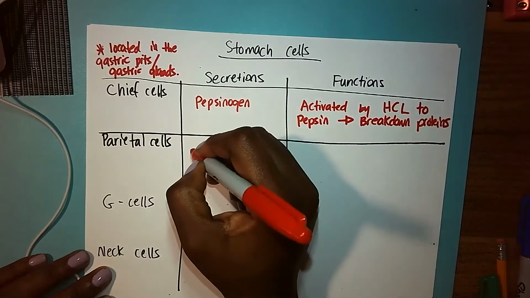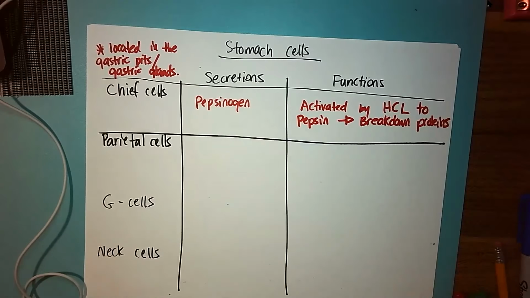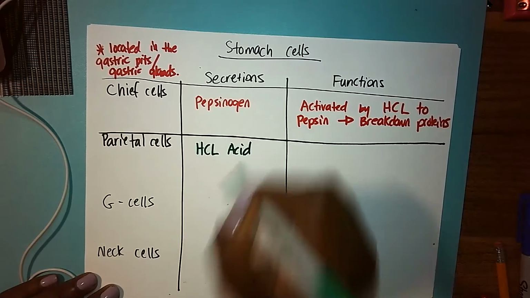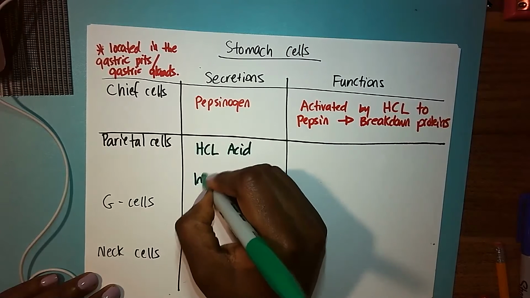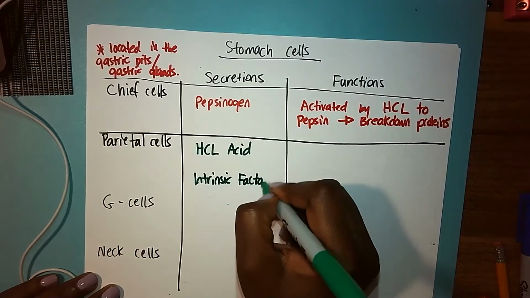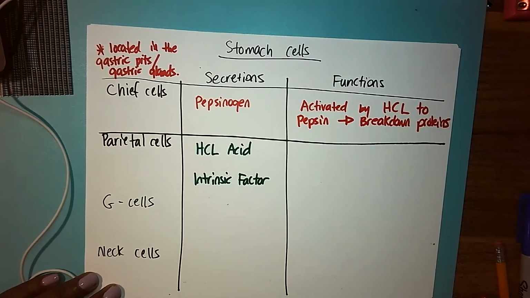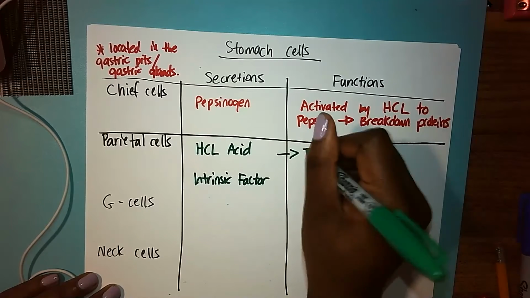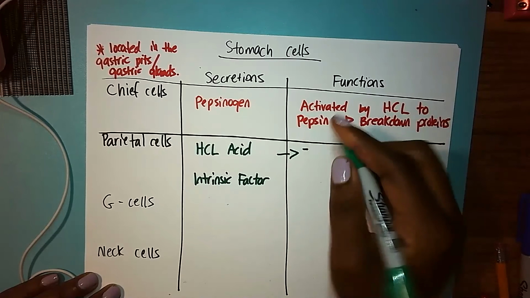Parietal cells secrete two things. They secrete hydrochloric acid as well as intrinsic factor. And these have different functions. Acid had two functions as well. One is to activate pepsin for protein breakdown.